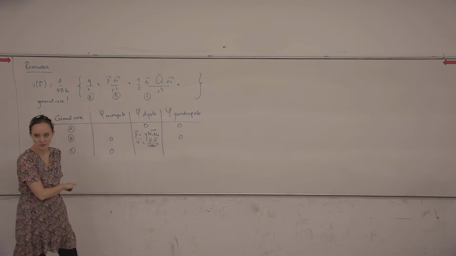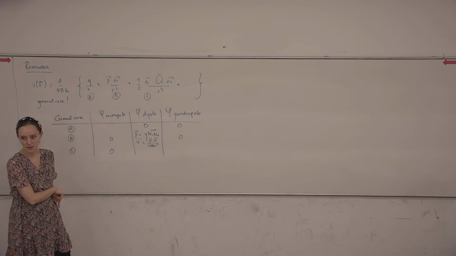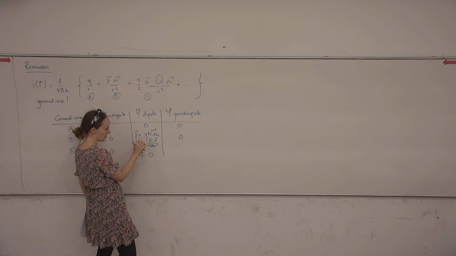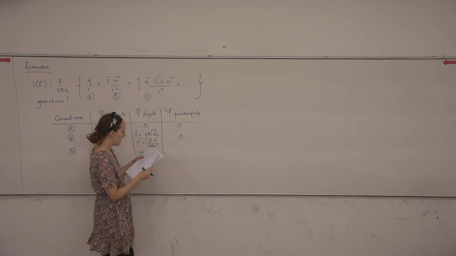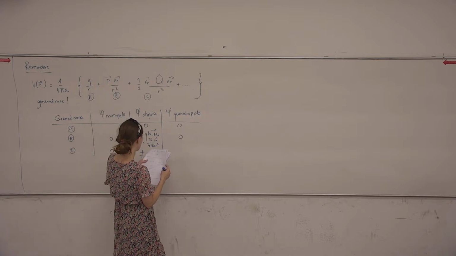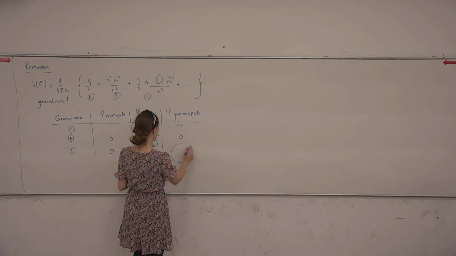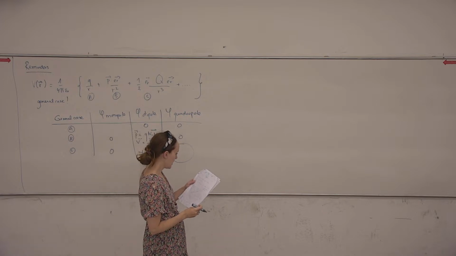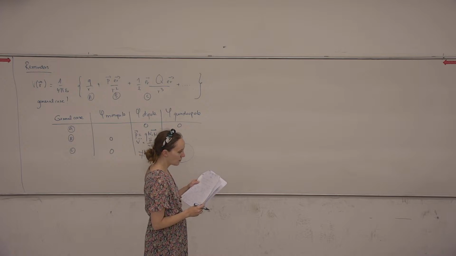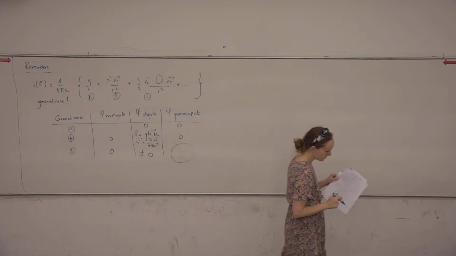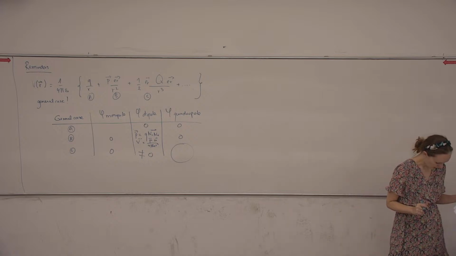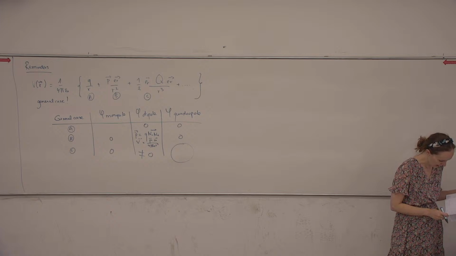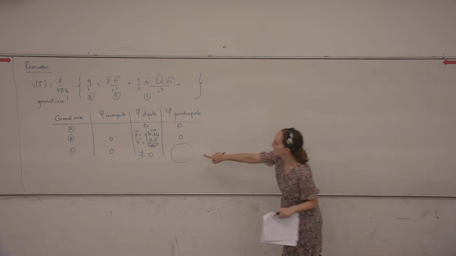Is C 0? No, it's not 0, but this term is the dominant one. And this we didn't calculate. So what I will do now is to give an example and to calculate this term in the case of a physical quadrupole.